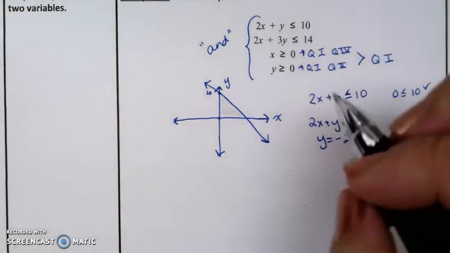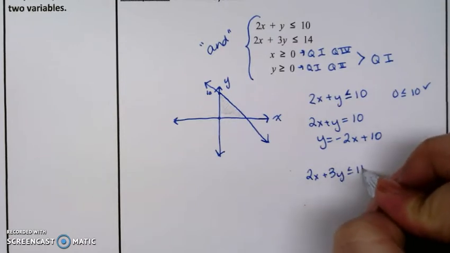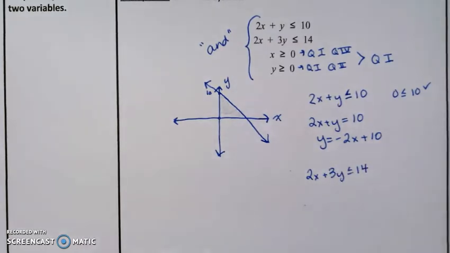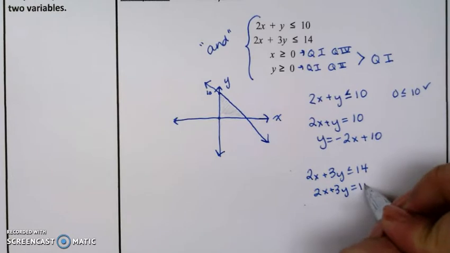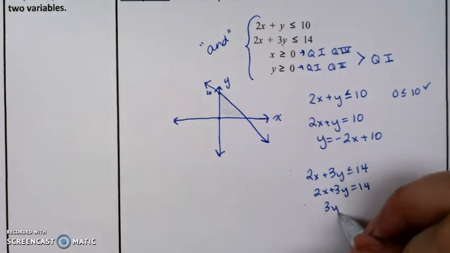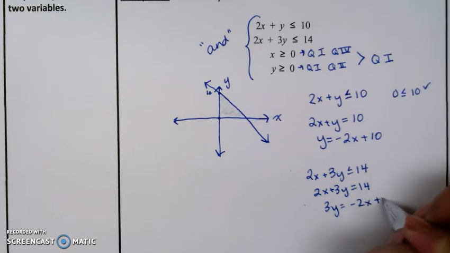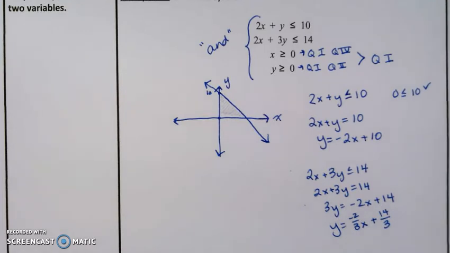For the second inequality, we have 2x plus 3y is less than or equal to 14. Again, I'm going to look for the boundary line. So 2x plus 3y equals 14. Subtract 2x, so 3y equals negative 2x plus 14. Divide by 3, y equals negative 2/3 x plus 14/3.